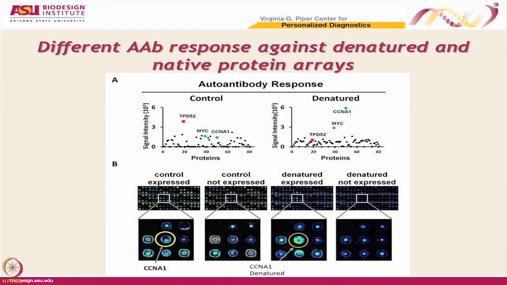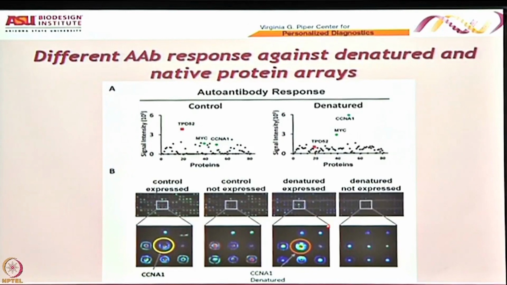So that patient's serum response was different depending on whether they were folded or not folded proteins. I think you can see that response here, that it's binding to the denatured protein, whereas you don't see it so strong in this one here. Okay? Any questions on that part?